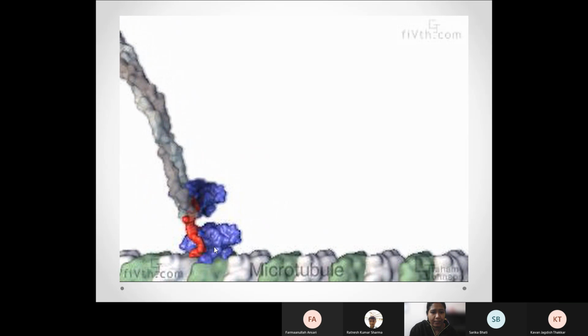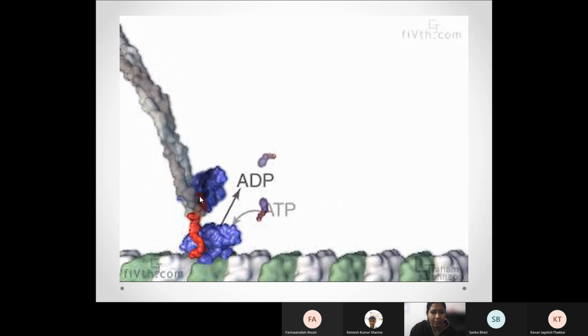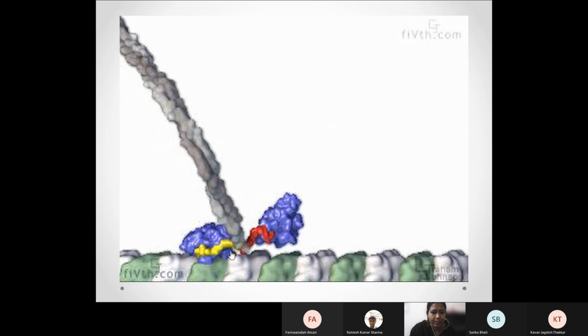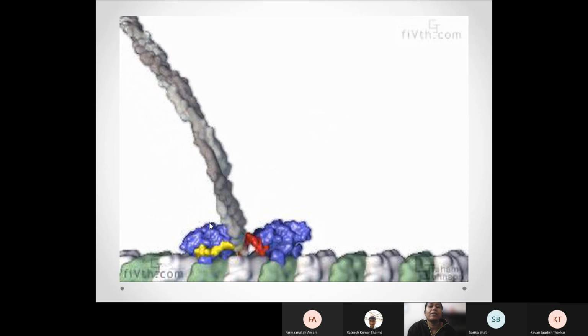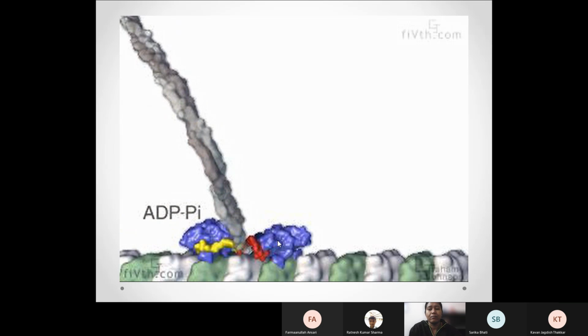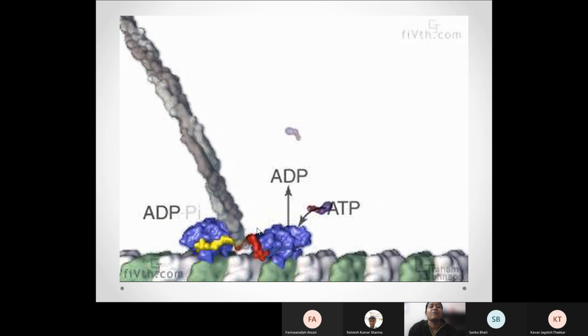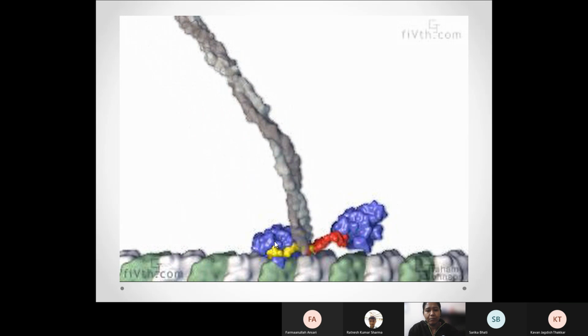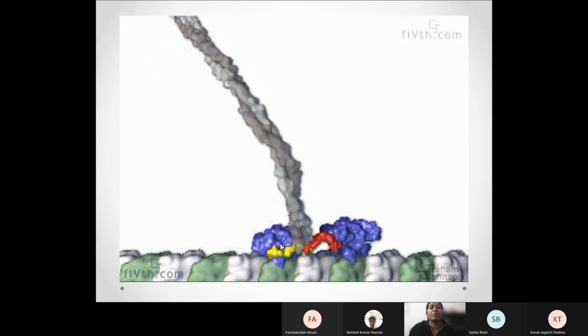So here is the kinesin, the two legs of kinesin. So you have ATP here, and you see the neck linker sort of buries itself. That kind of propels this other molecule or this other head in front of it. So every time the ATP binds, the neck linker buries itself, and that causes a conformational change.